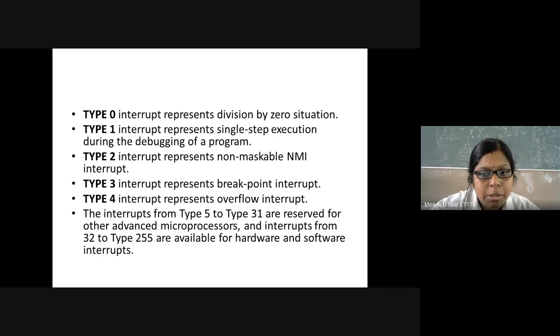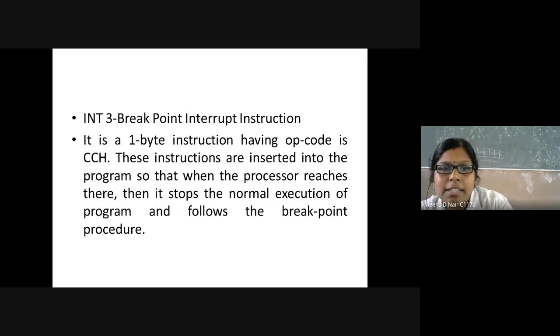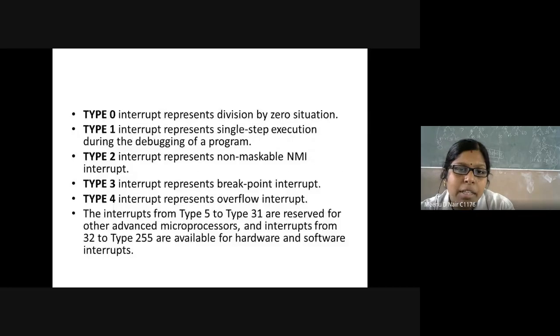Types 5 to 31 are reserved for higher versions, if you are upgrading your microprocessor. Then types 32 to 255 are available for both hardware as well as software interrupts. This is what we have seen about the interrupts.